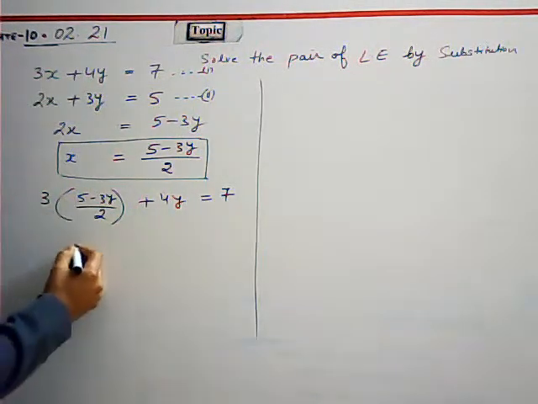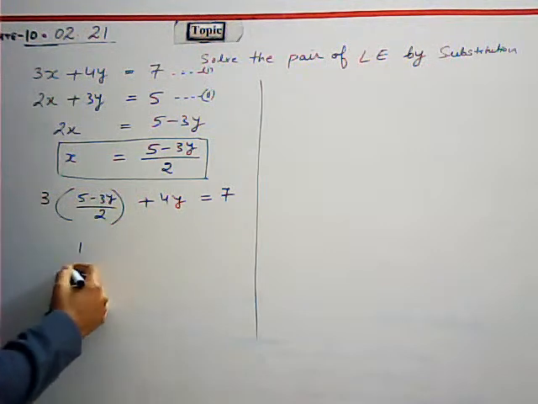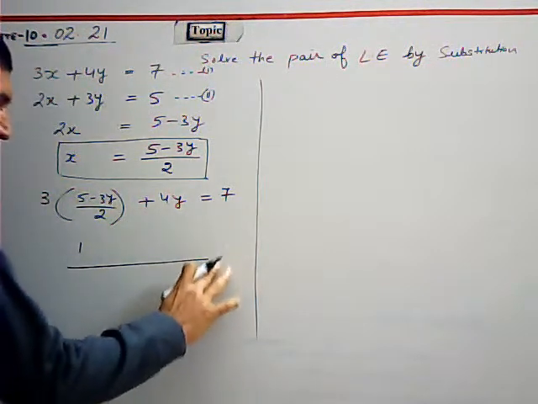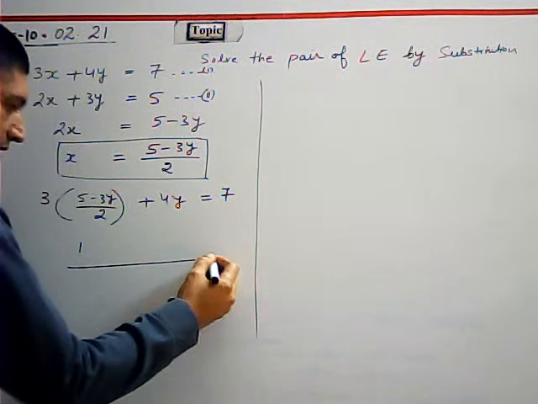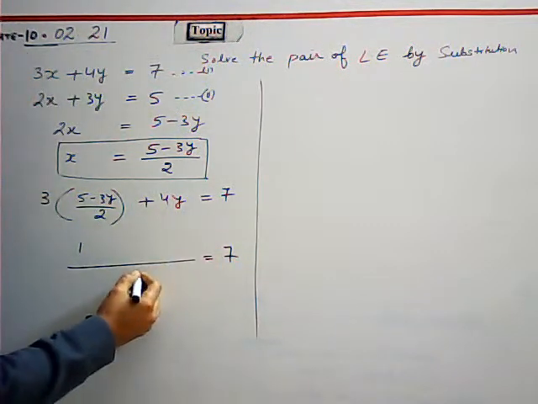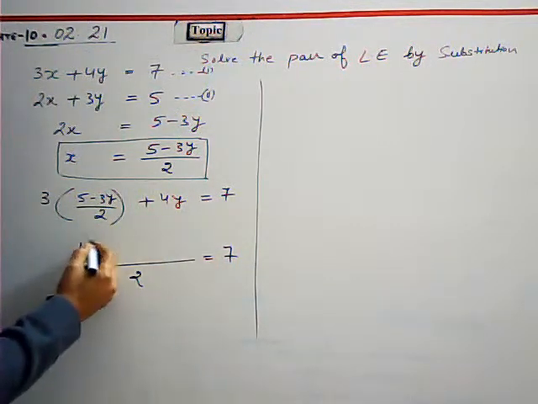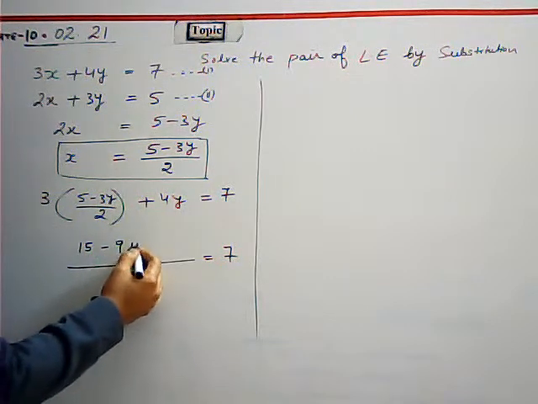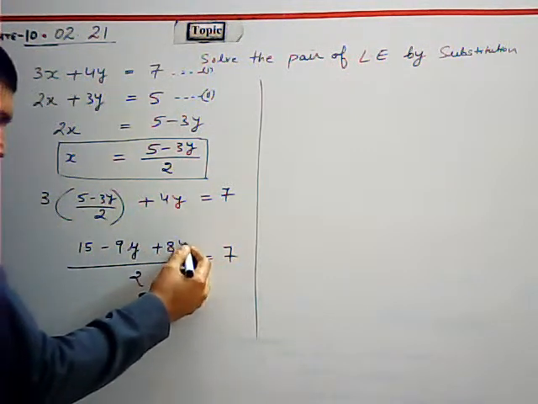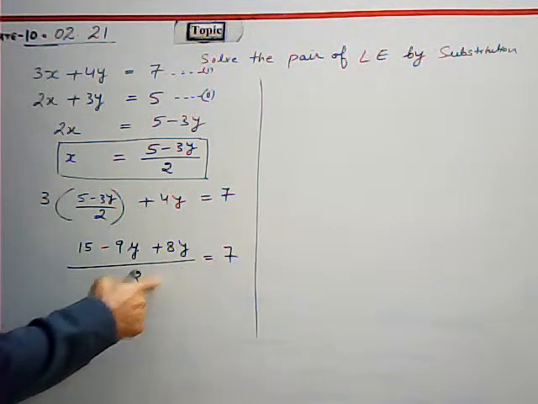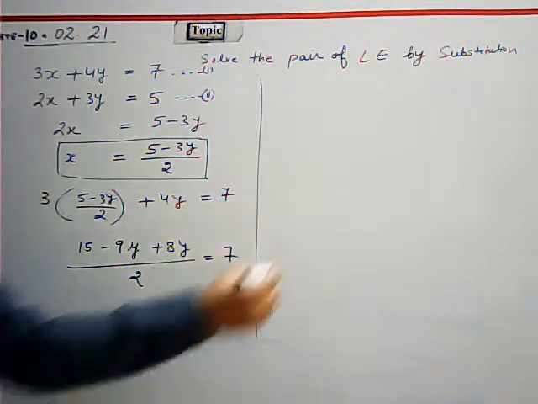So we have here 3 5s are 15. If we are taking LCM as 2, right? So here we have 15 minus 9y plus 8y is equal to 2 into 7, that is 14, right?